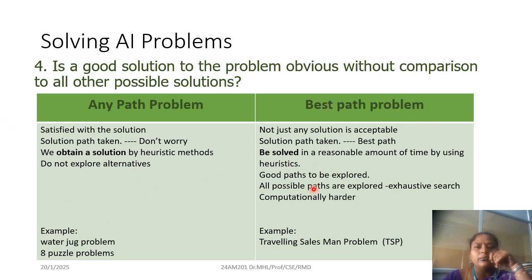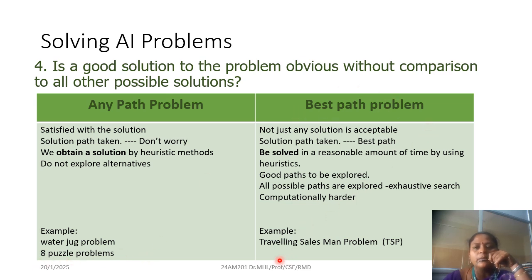In best path problems, the problem has to be solved in a reasonable amount of time. You'll be using heuristics. Good paths have to be explored. All possible paths are explored, hence it becomes an exhaustive search and it becomes computationally harder due to this exhaustive search. Example for any path problem, again the water jug problem and the 8 puzzle problem.